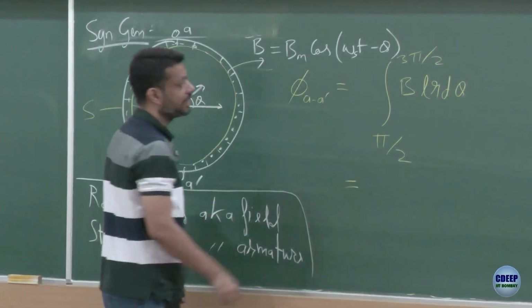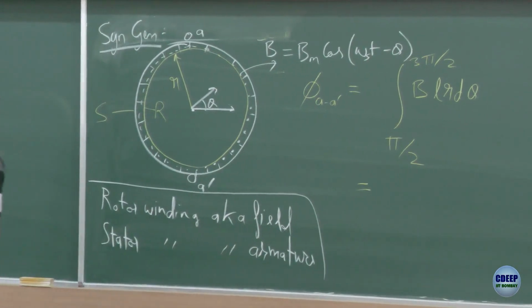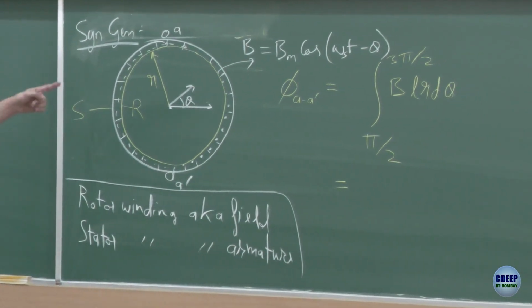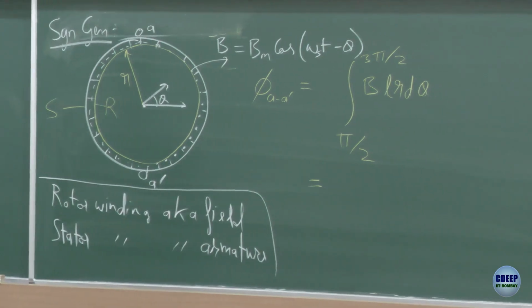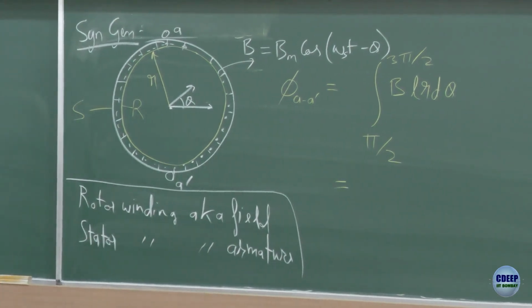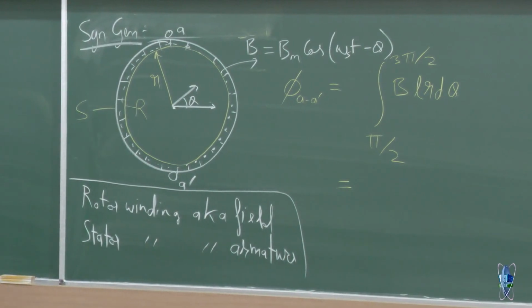Okay, now can you solve it quickly? Go ahead, quickly substitute for B there, solve this, and give me an answer. Any doubt? Feel free to ask, otherwise just calculate and let me know what you get.